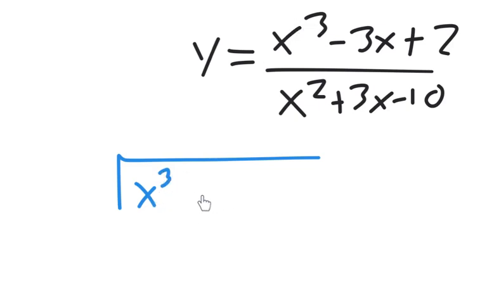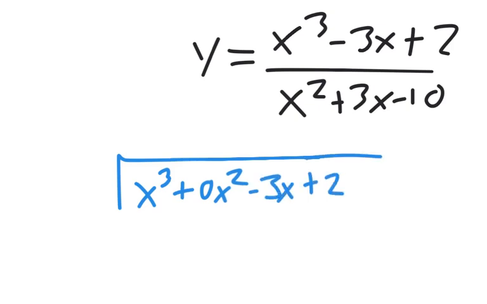The next term needs to be x to the second degree. Does it give me an x to the second degree? No, so I need a placeholder, just like we do with synthetic. So 0x squared minus 3x to the first plus 2. That's going to be divided by x squared plus 3x minus 10.